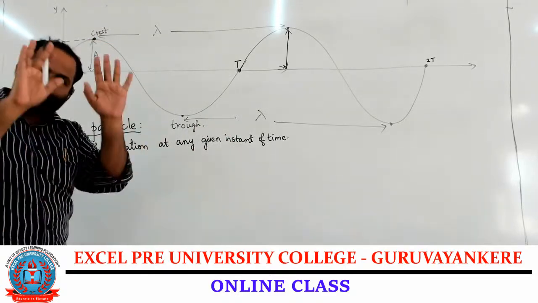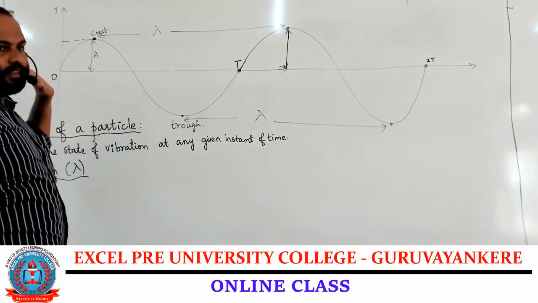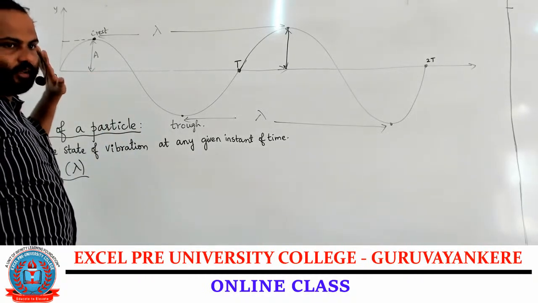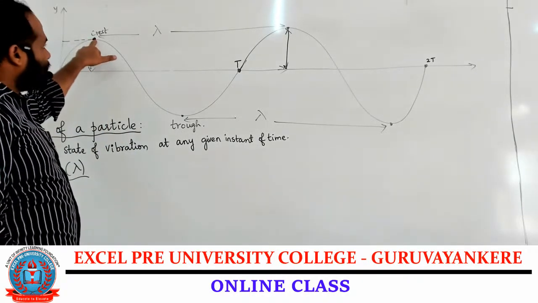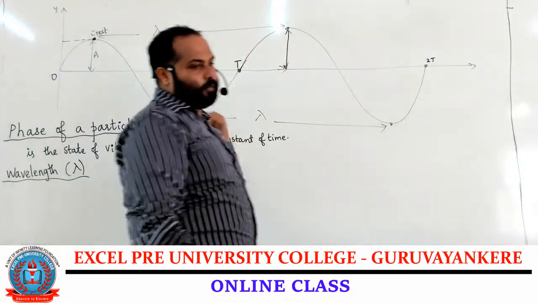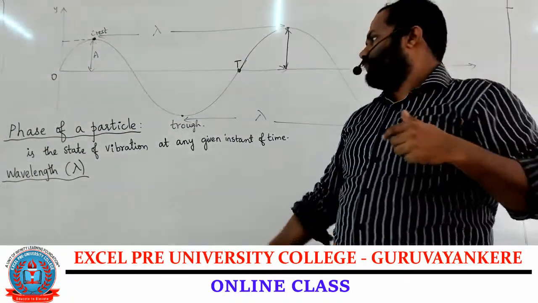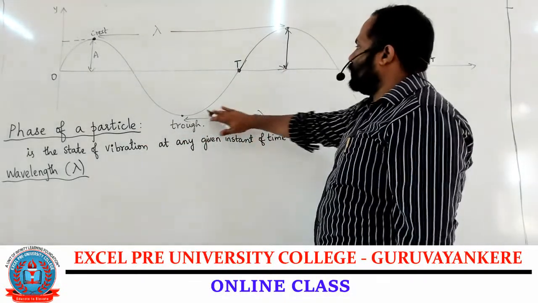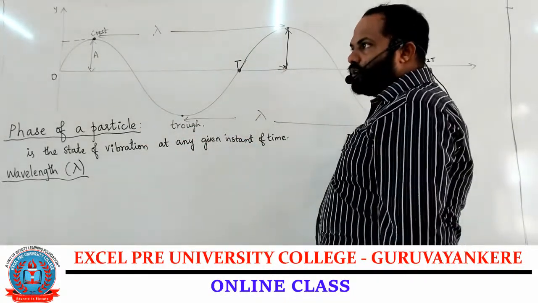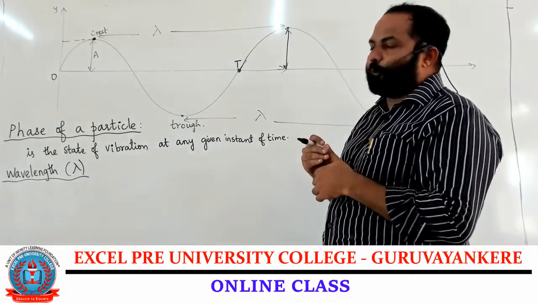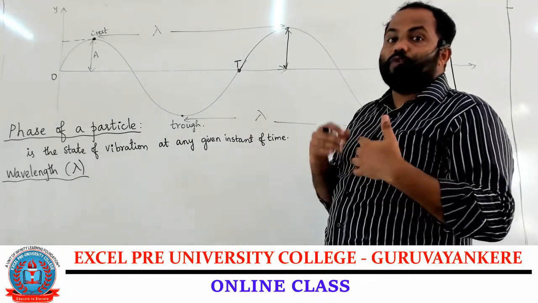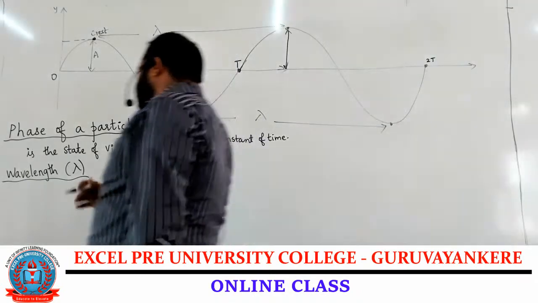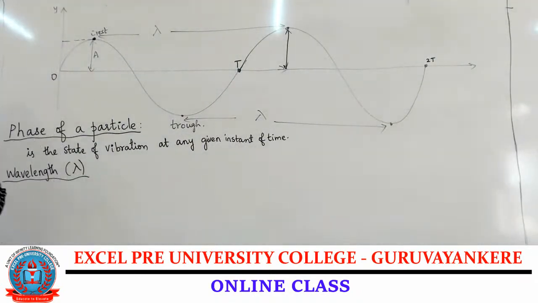It is the same definition, but here we say two consecutive crests are vibrating in the same mode, that is why they are vibrating in the same phase. Two troughs are vibrating in the same mode. So they are points vibrating in the same phase. That can be a new definition which you can learn.